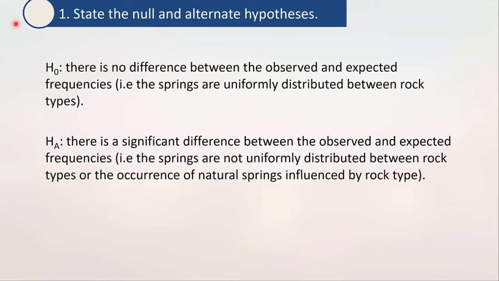In other words, the springs are uniformly distributed between rock types. The alternate hypothesis is that there is a significant difference between the observed and expected frequencies. That means the springs are not uniformly distributed between rock types, or the occurrence of natural springs is influenced by the rock type.